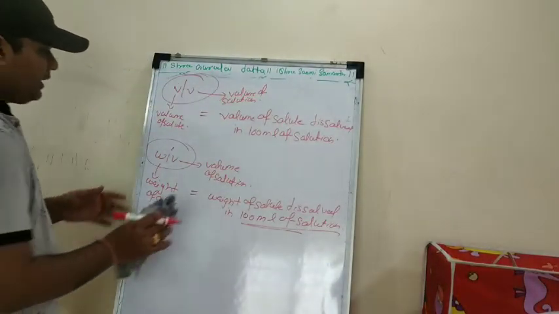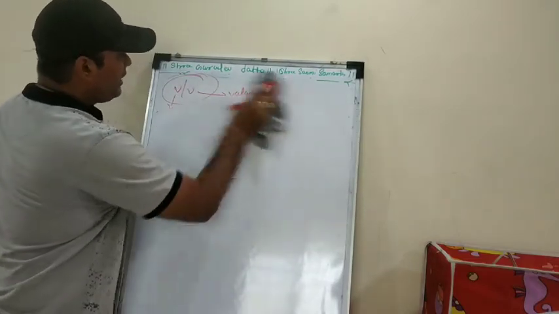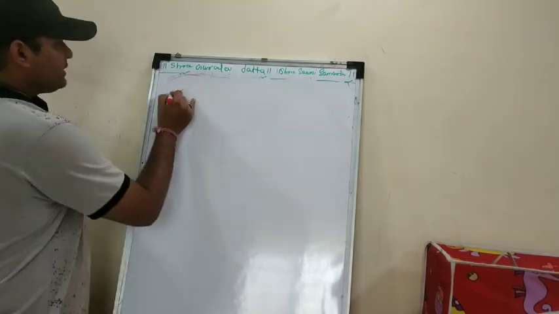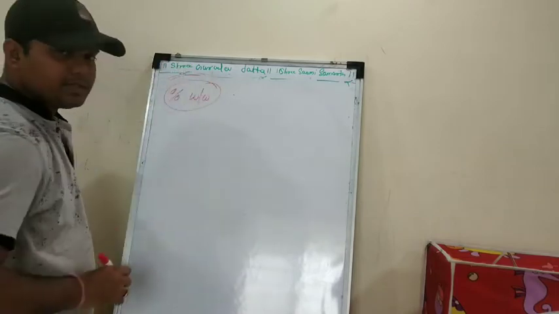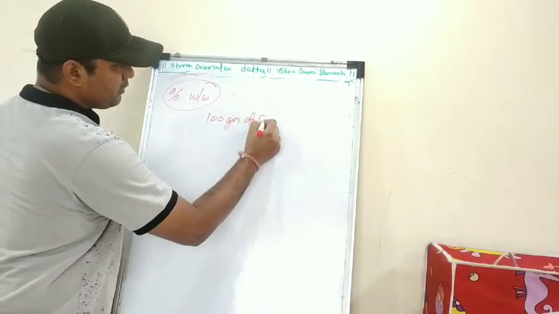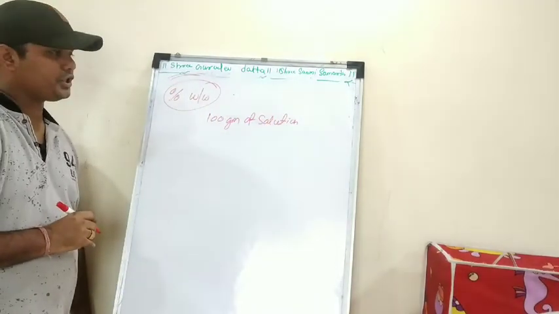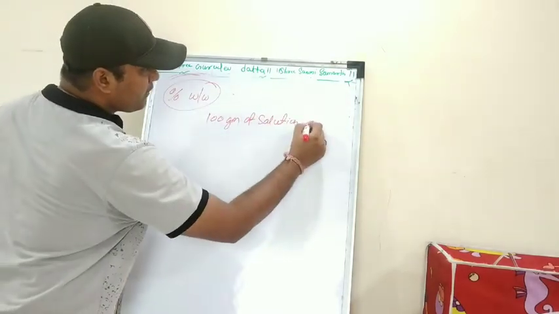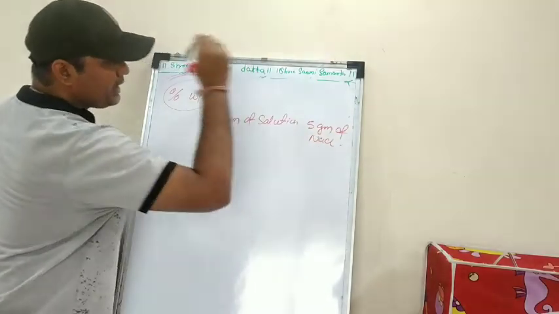Okay, now let's take an example and understand this. Let's take the example of percentage W by W, right? Now let's say that you have 100 gram of solution, and to this 100 gram of solution, you add 5 gram of NaCl, right?